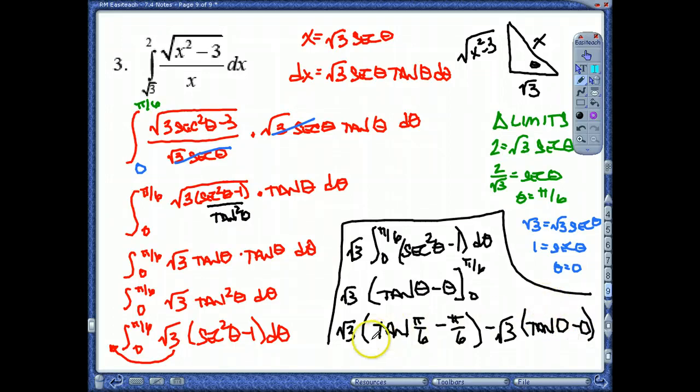The tangent of pi over 6 is 1 over the square root of 3. Let me just write it out: 1 over square root of 3 minus pi over 6. So your final answer is going to be 1 minus square root of 3 pi over 6.